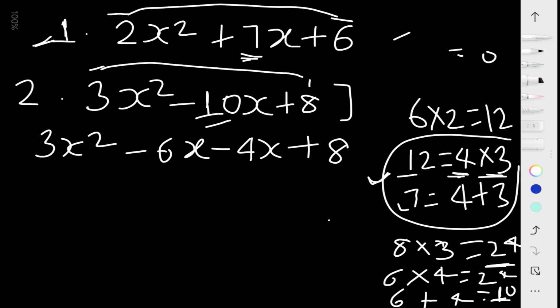So here what is common? 3x will be common, and 3 into 2 is 6, 3 and x common. Here 4 will be common, 4 into 2.